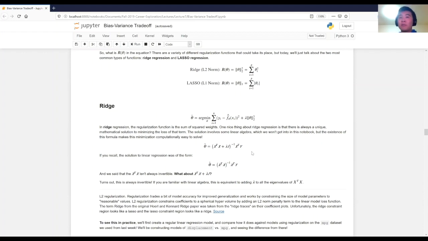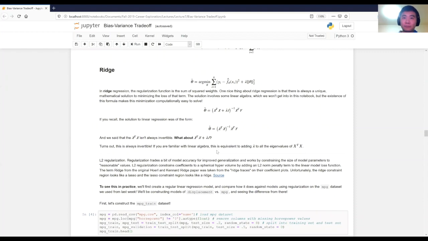And this closed form solution takes the form of adding a term of lambda times I to the inverted matrix in ordinary least squares. So this is the solution to ordinary least squares over here, and we're just adding the lambda times I term into here.